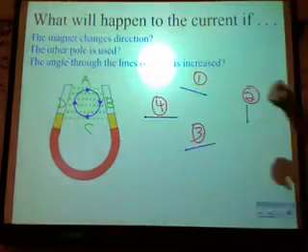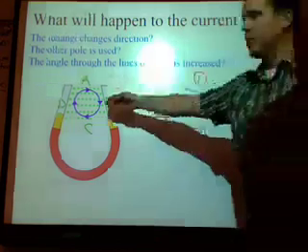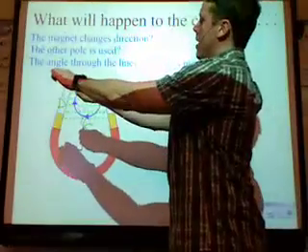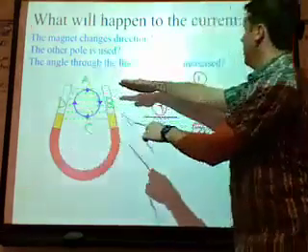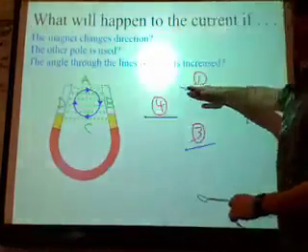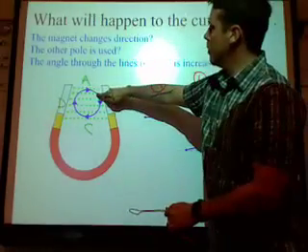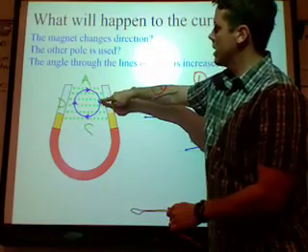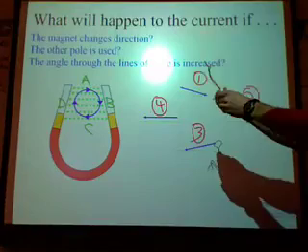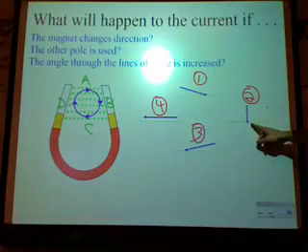B goes with 2. 2 is the most current, and B is where that wire will be. As I'm cranking this handle and I'm turning that wire, it's going more and more downhill. Okay, here it's like right here. I'm not cutting through the lines very steeply. I'm going to get a little bit of current. Then I'm going to get a little bit more, and a little bit more, and a little bit more, until I reach this point where my wire now is going straight down. Boom. This end is going straight down, and I'm going to get the most current.